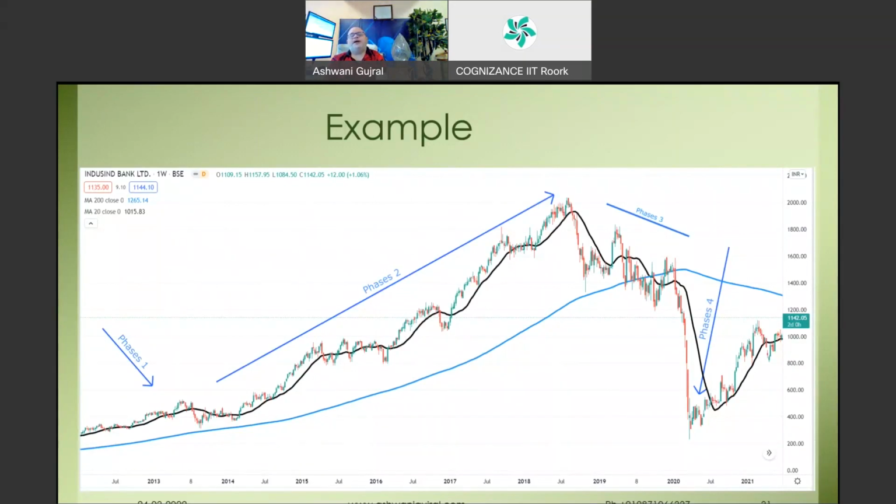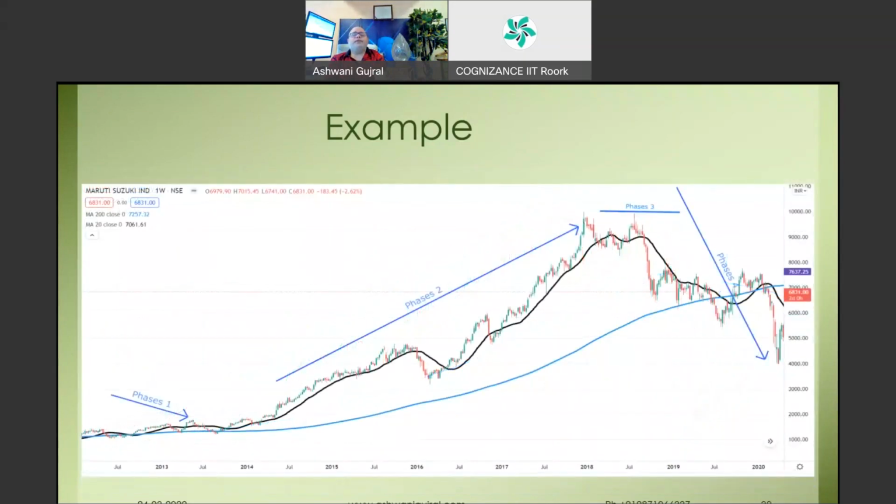Then you have a phase of markup where stocks go up. The third phase is distribution. And finally, the fourth phase is the decline, which is the markdown phase. Again, one more example: accumulation leading to markup, then distribution, and then markdown.